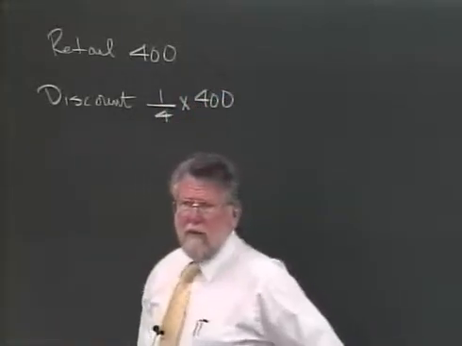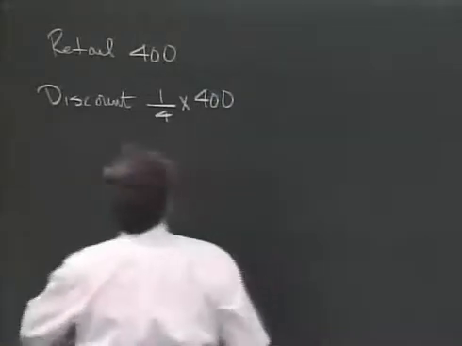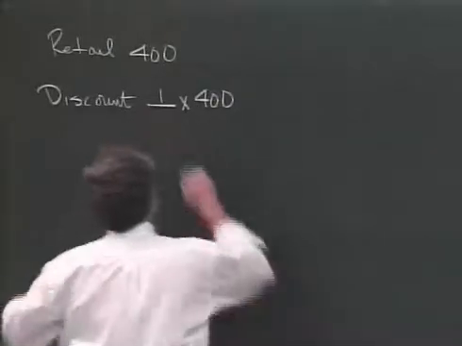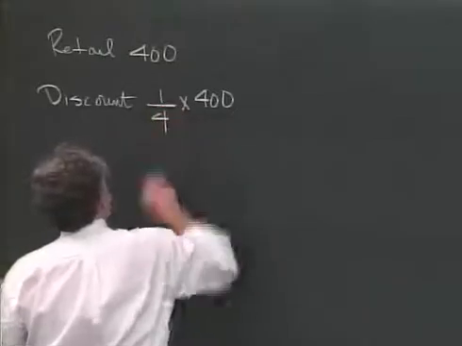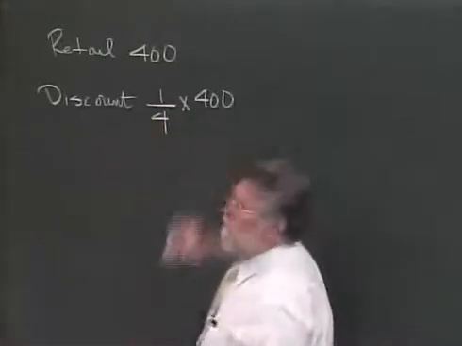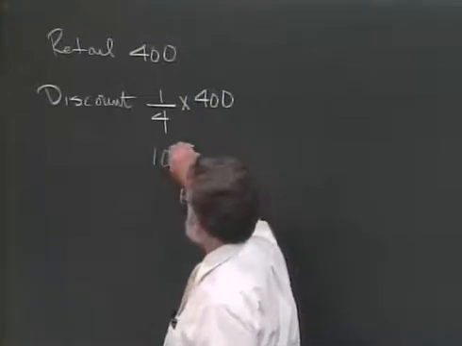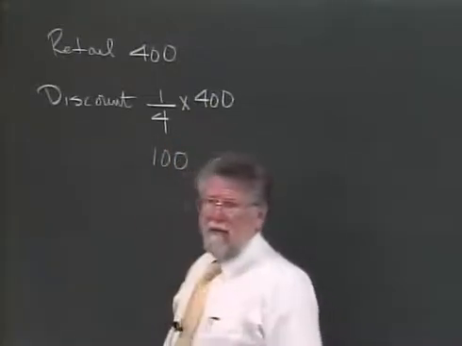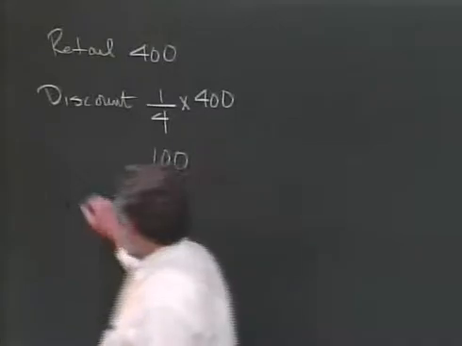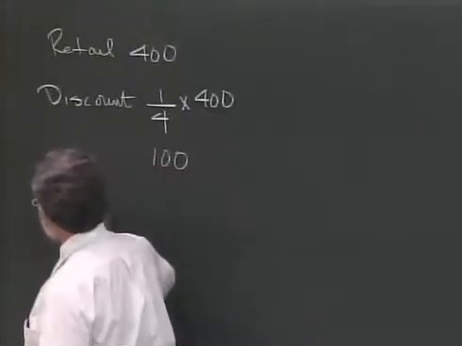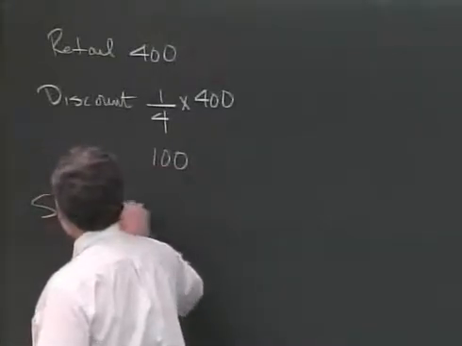Because 25% was 1/4. That 4 doesn't look as nice as the other 4, so let me increase its size. So the 1/4 and the 400 cancel to give you 100. So then if that's the discount, the sale price had to be roughly what? 300.